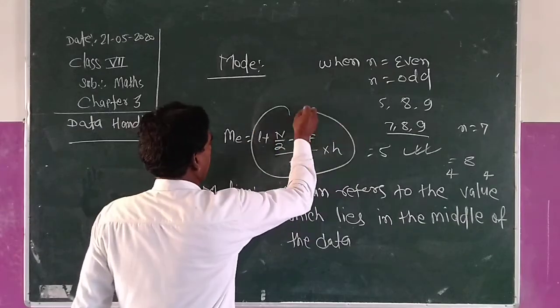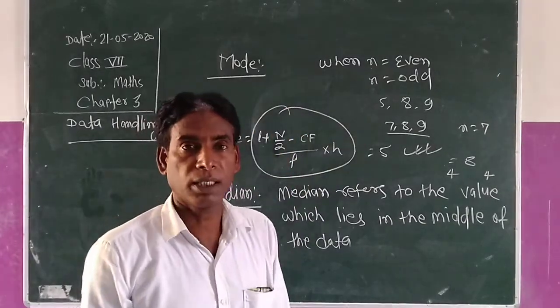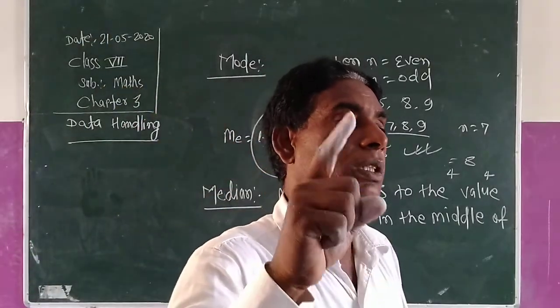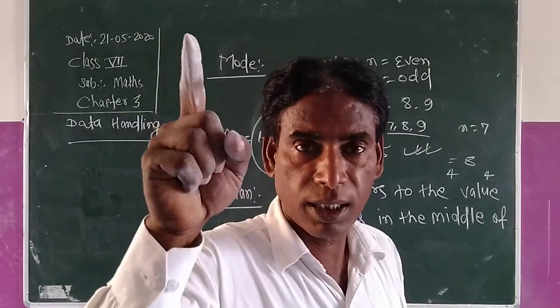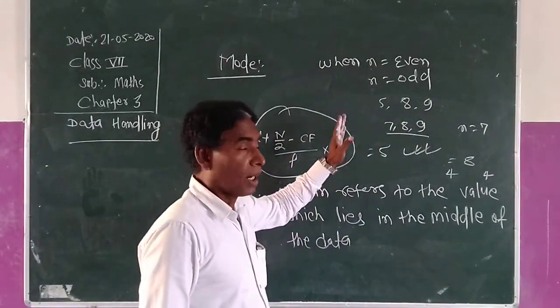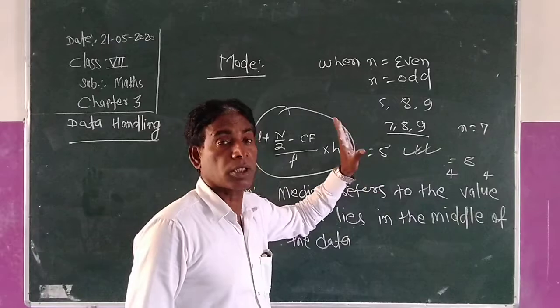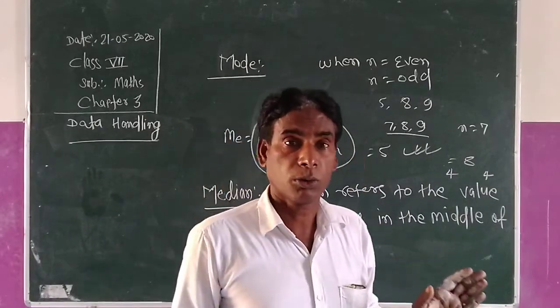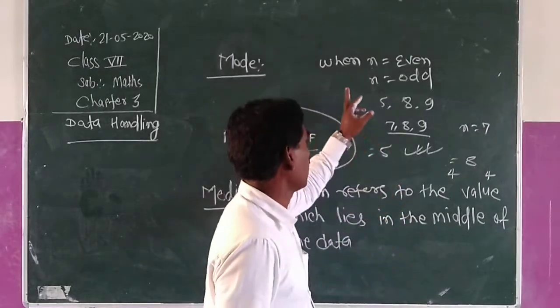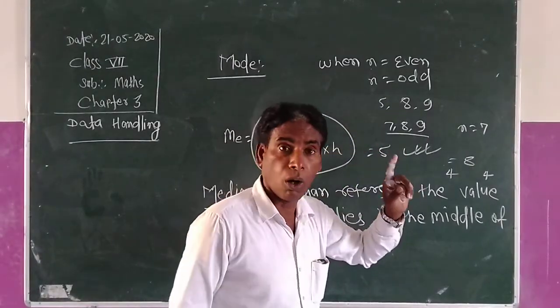It is the formula for the median in 10th class and 9th class. So when you go to the next classes 8, 9, 10, you will study how to find the median. But here, in the simple way, all questions in your book have an odd number of observations for the median.